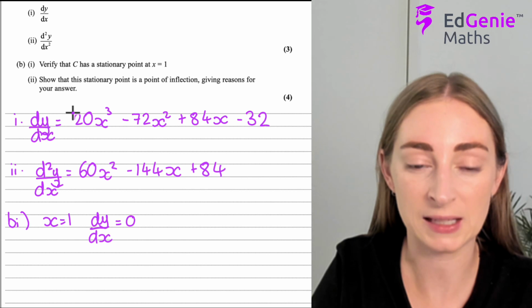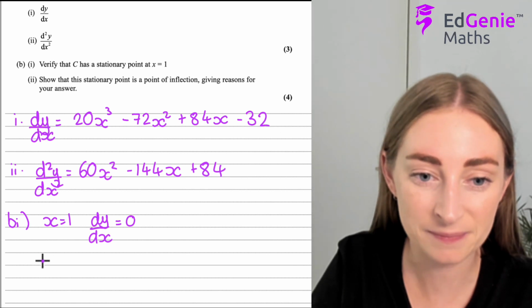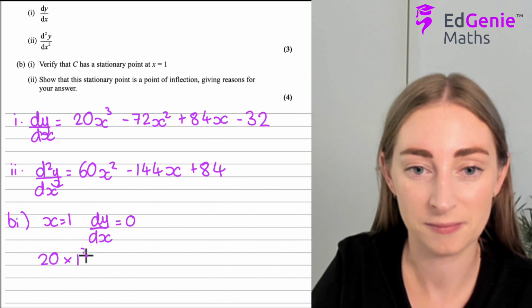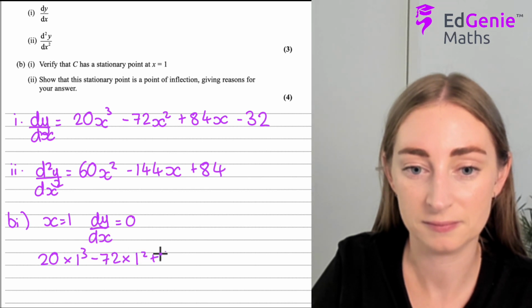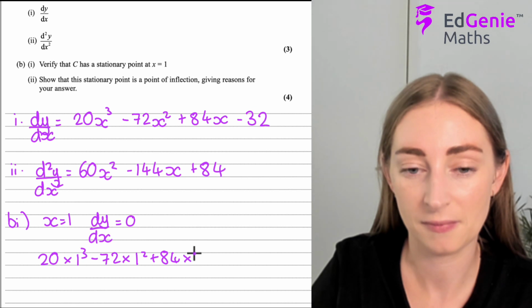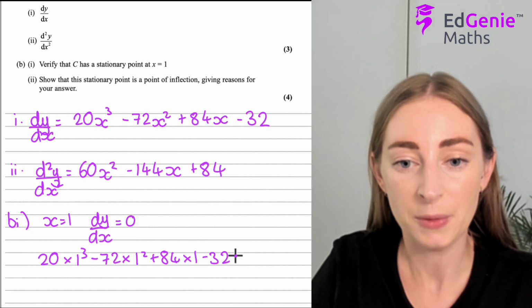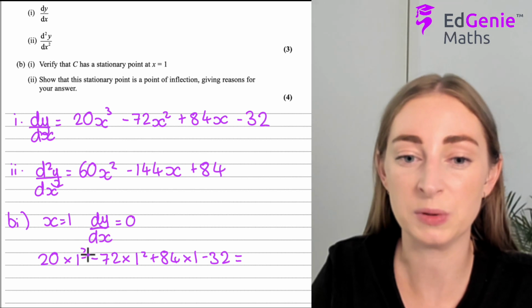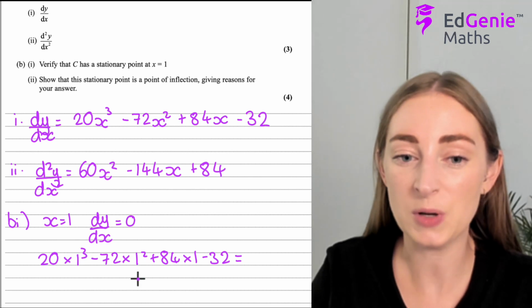So let's check that's the case by substituting into here. We can put the whole thing into our calculator, but I know that 1 cubed and 1 squared is going to be 1, so I'm not going to put that in.